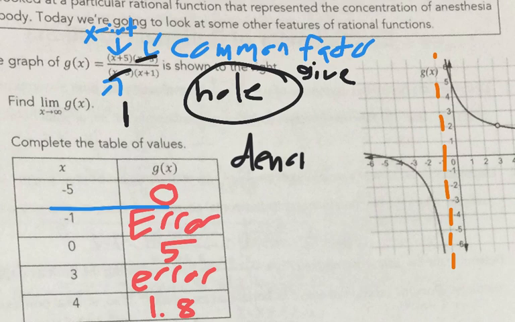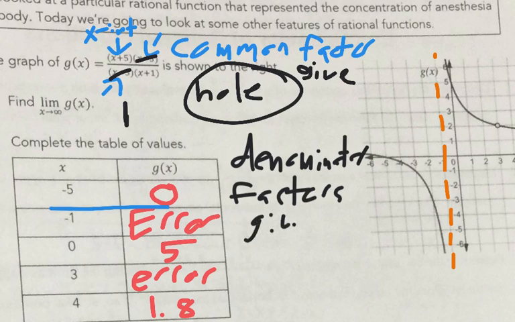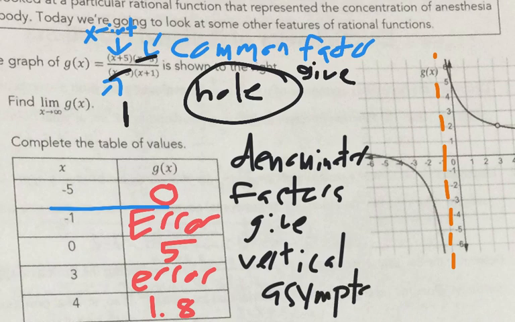In general, the denominator factors always give vertical asymptotes, with one exception: if the factor also exists in the numerator. So because this had a common factor, it becomes a hole. Because this didn't have a common factor, it's a vertical asymptote.